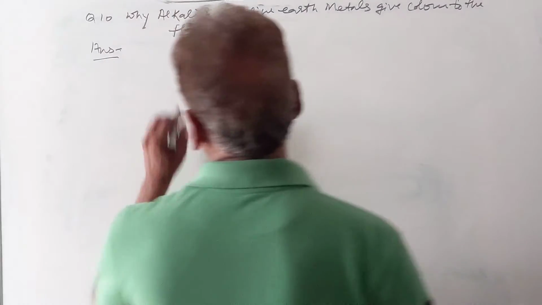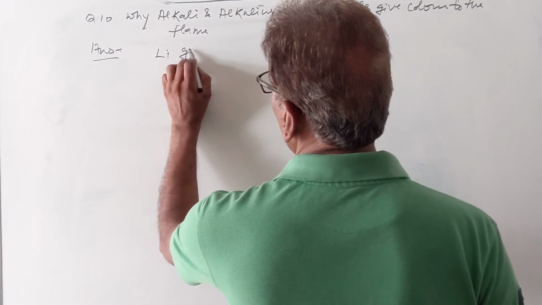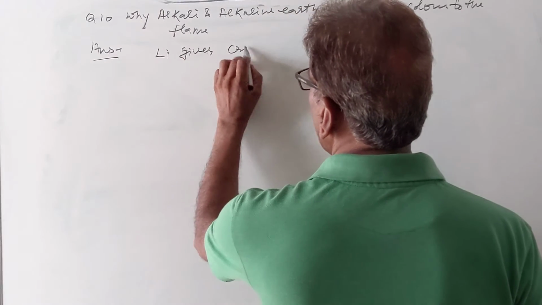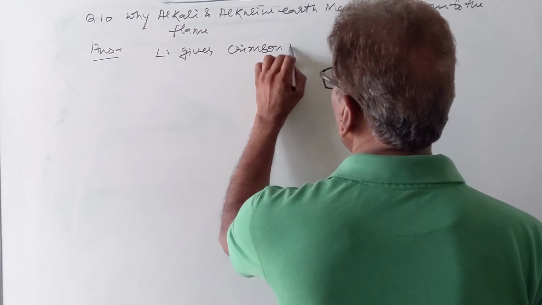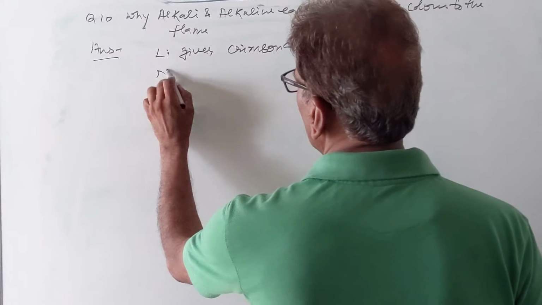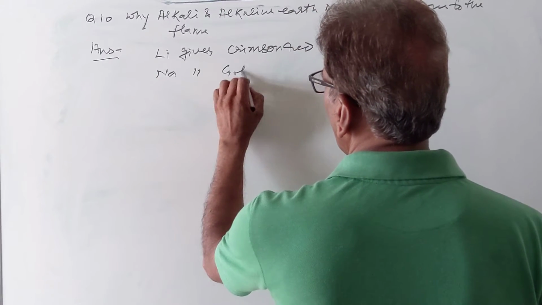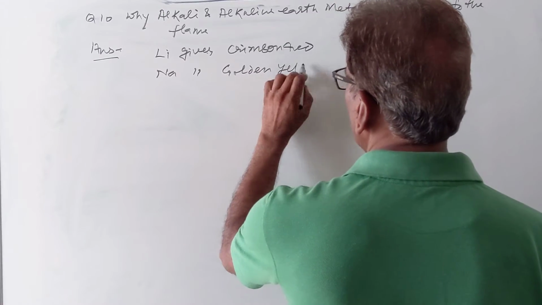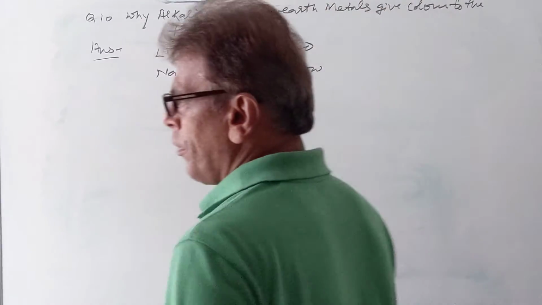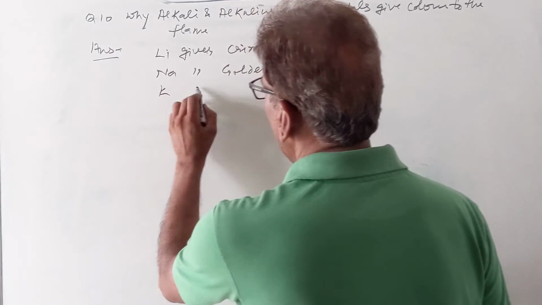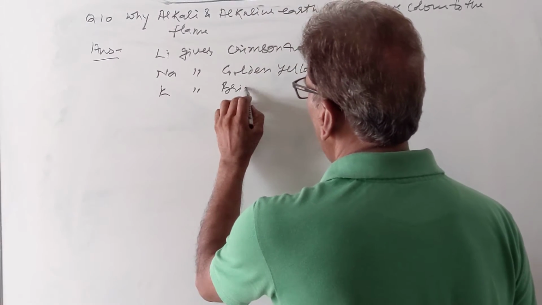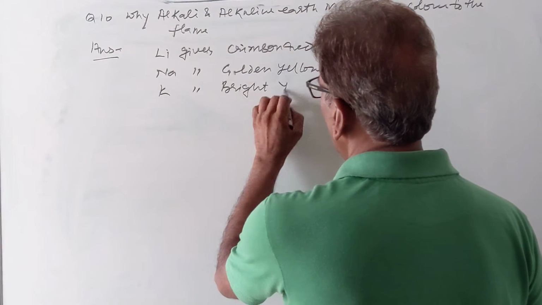For example, lithium gives crimson red color, sodium gives golden yellow color, potassium gives bright yellow color.